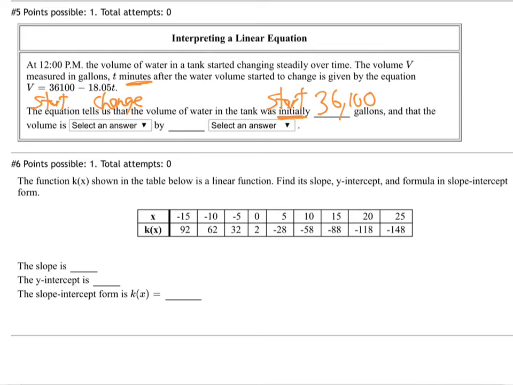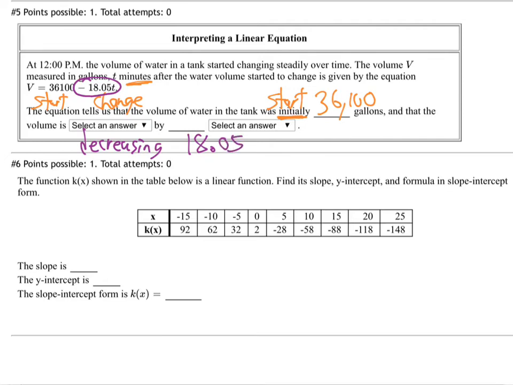And that the volume is, they're going to want you to say increasing or decreasing. Is the volume going up or down? Is the change positive or negative? Yeah, decreasing. It's going down because it's negative, huh? And by how much? By 18.05. They don't want us to put the negative sign in.